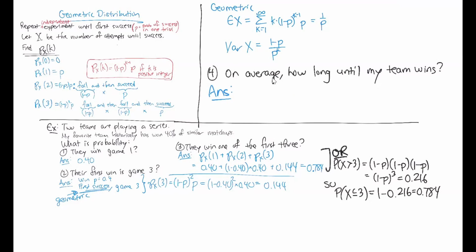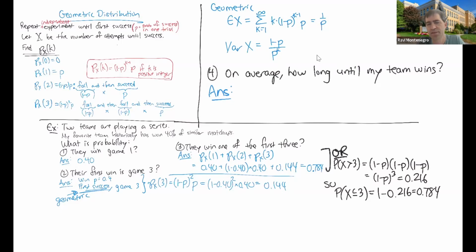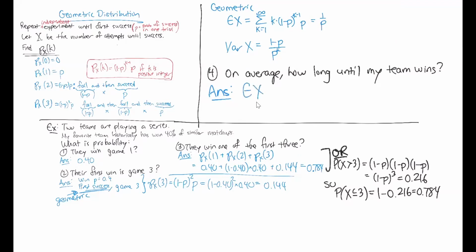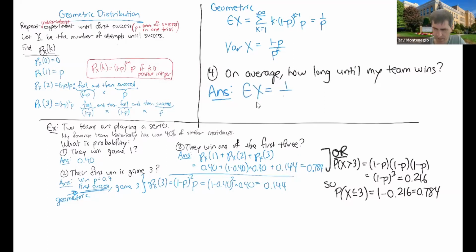This is asking what is the expected number of games until they win. Two and a half. Yeah, so we take 1 over p, which is 1 over 0.40. And as was just stated, that will be 2.5.